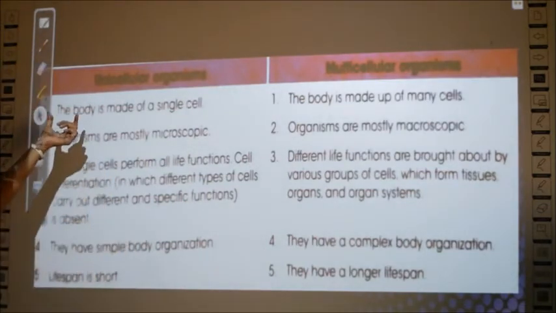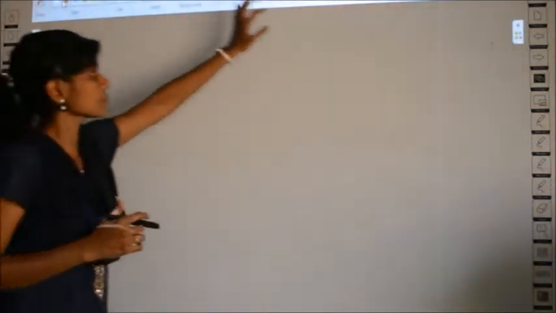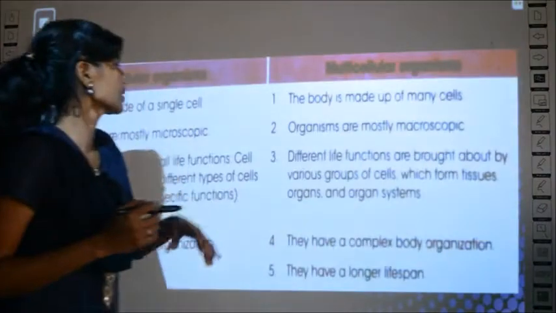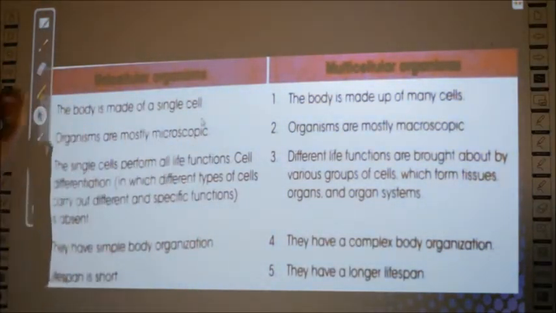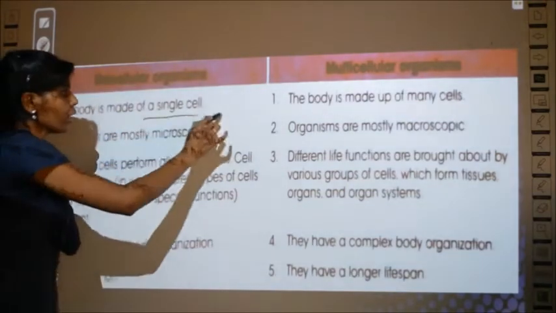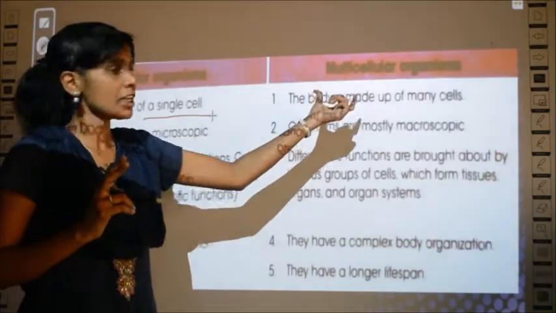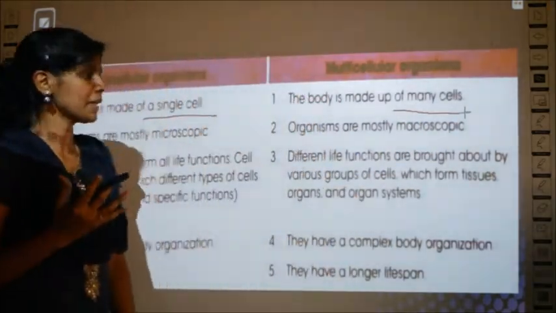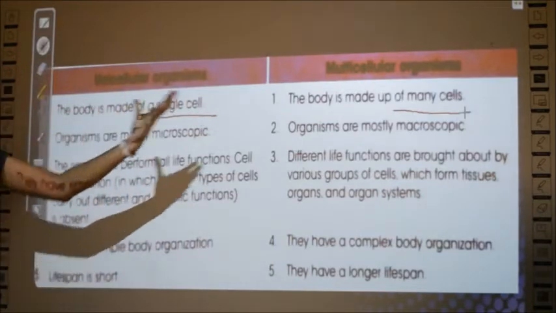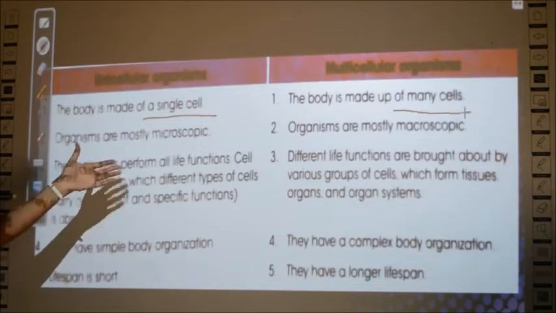So as I told you, unicellular organisms are made up of single cells, which means they are made up of only one cell. In multicellular organisms, the body is made up of many cells. Since it is multi, it means many.